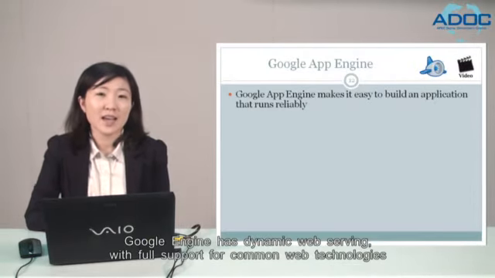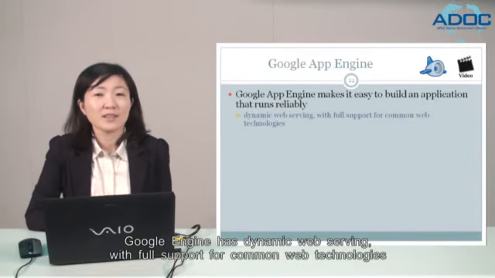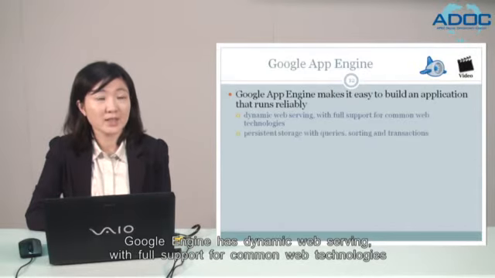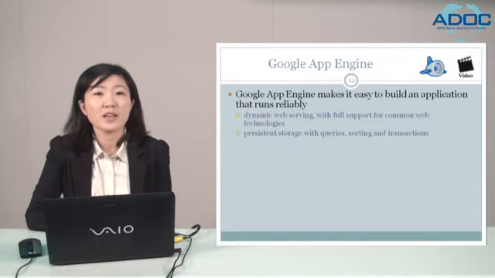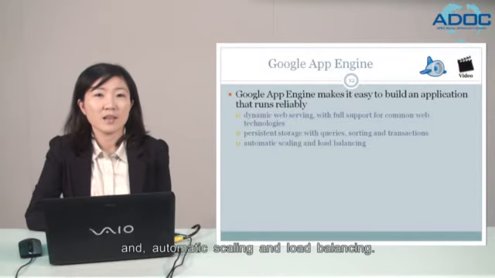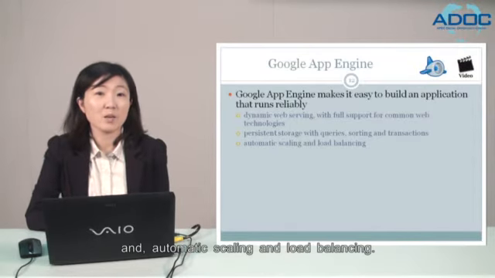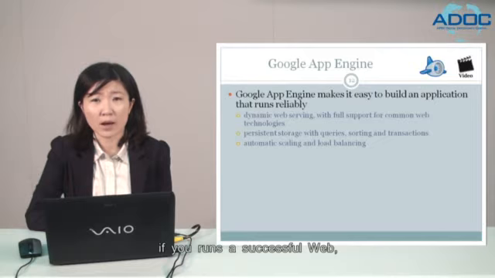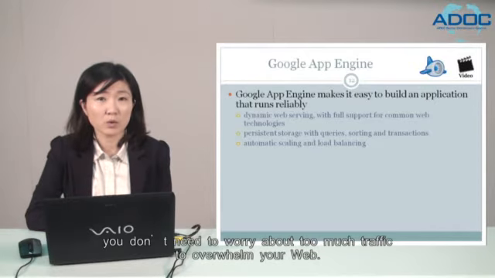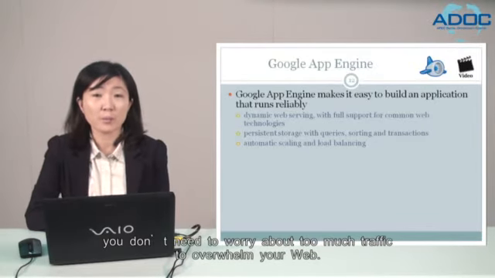App Engine has dynamic web serving with full support for common web technologies. They also have persistent storage and automatic scaling and load balancing. So if you run a successful web service, you don't need to worry about too much traffic overwhelming your web.